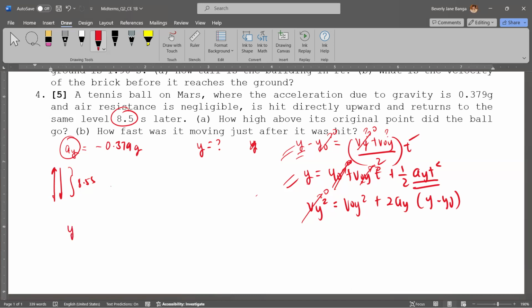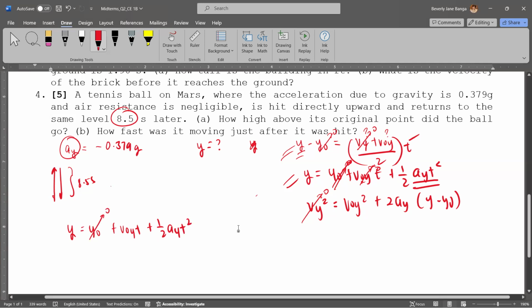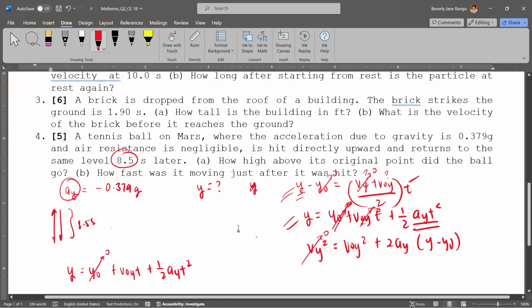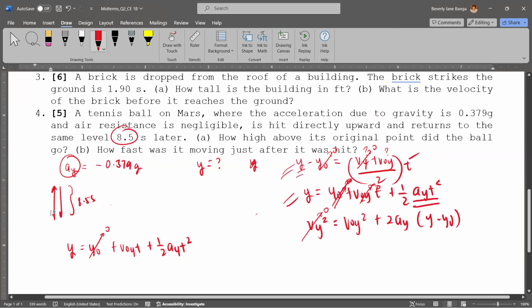So, I'm going to use y is equal to y naught plus voy t plus 1 half ayt squared. So, again, y naught is 0. Again, sa tatlong equation na yan, hindi natin alam kung ano ang voy. Pero katulad ng sabi ko kanina, pwede nating i-assume na parang ginawa natin sa previous problem sa river kanina, yung pag-akyat and pagbaba is symmetric.